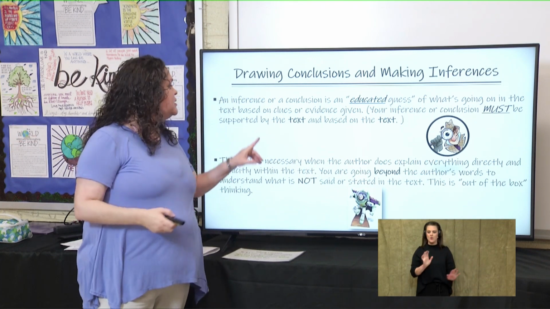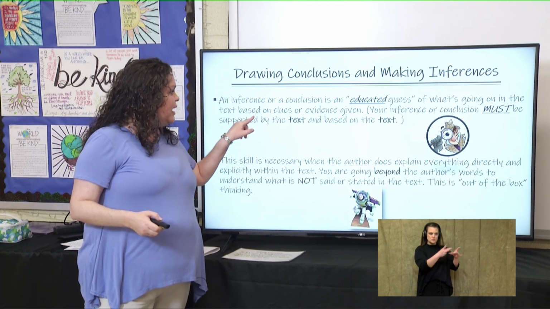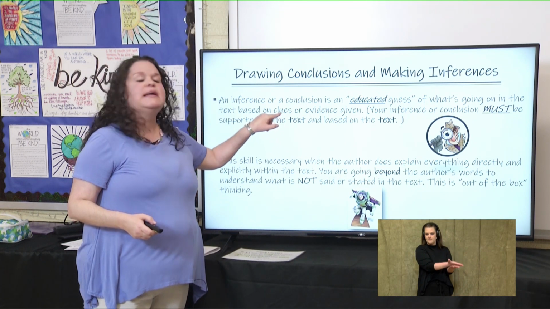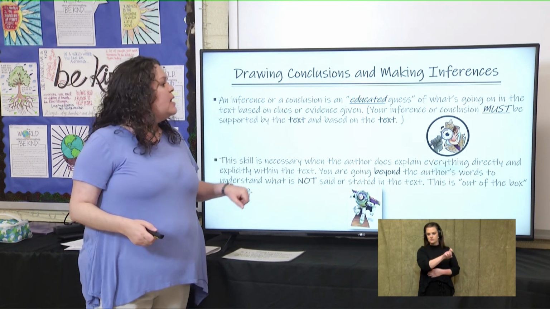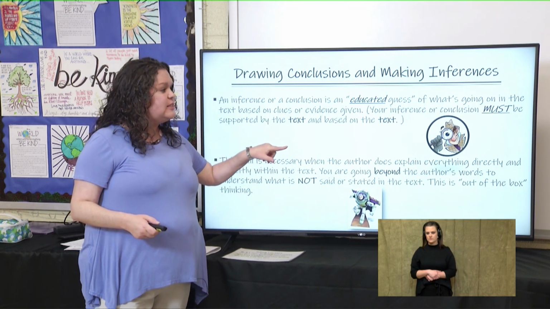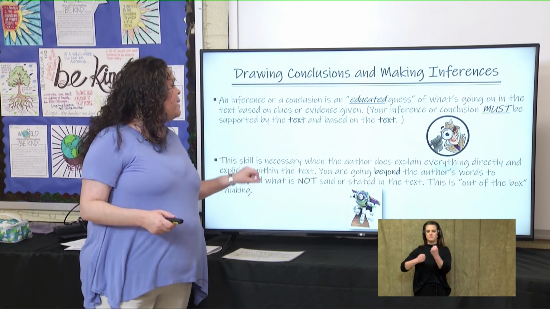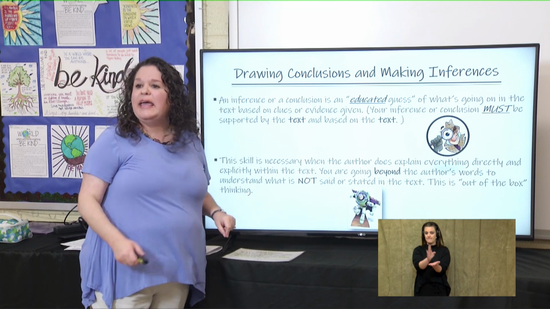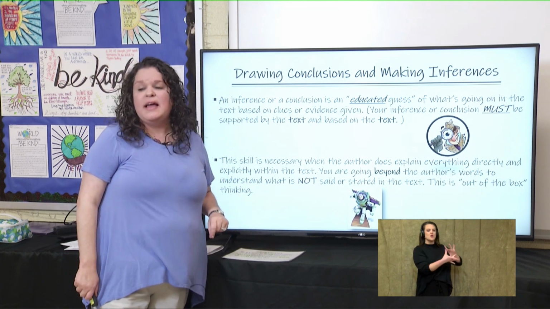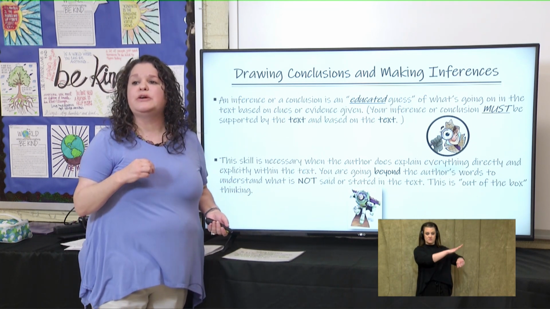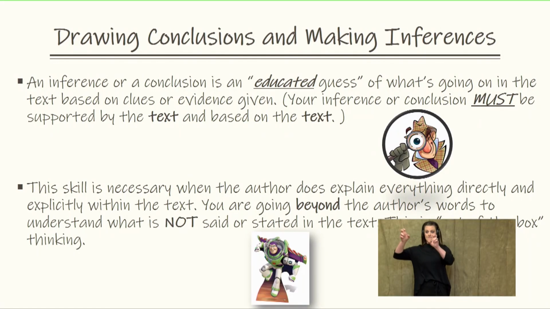You have to use the text evidence using the clues given. All right? So your inferences or your conclusion must be supported by the text and based on the text. Again, going back to that standard, the text is in there 3 different times. So make sure you're going back to the text.